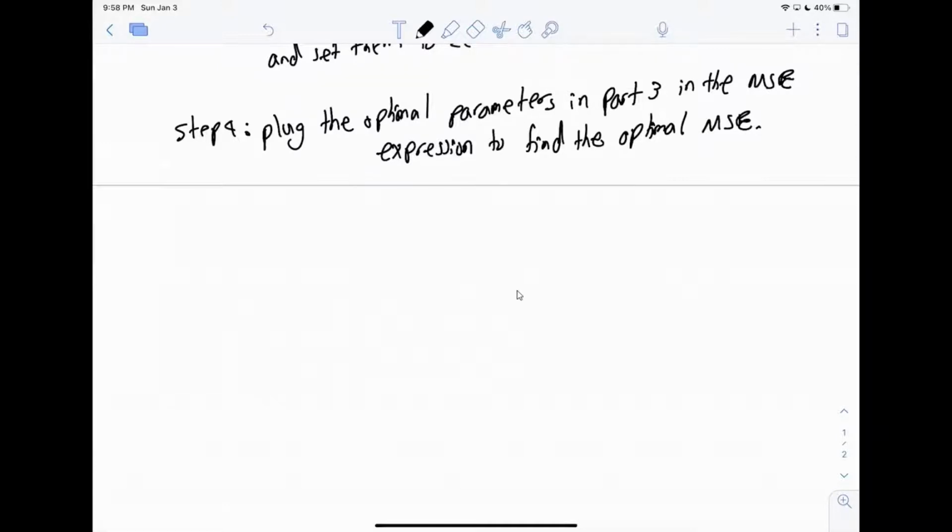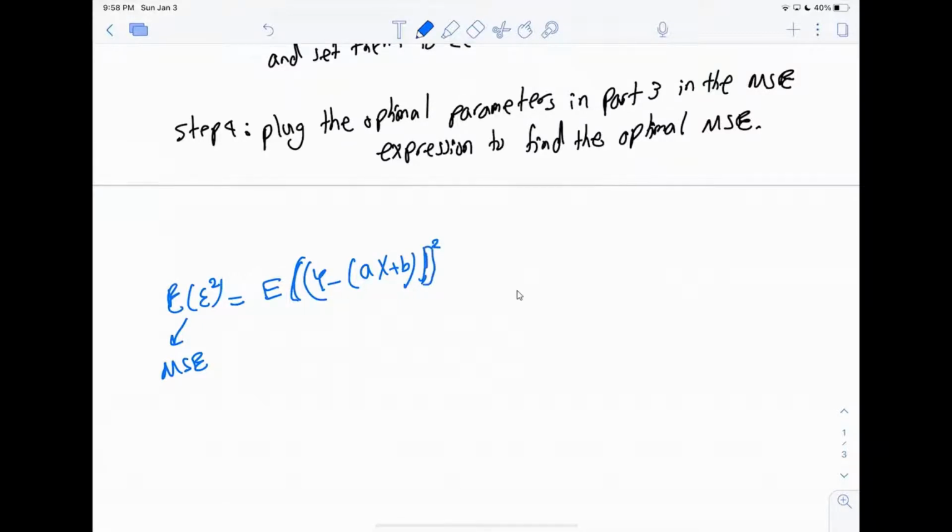Okay, good. Step 1, we already defined our estimator. Step 2, we are going to write it like this. This is our MSE. It's going to be the expected value of y minus (a x plus b), all squared.